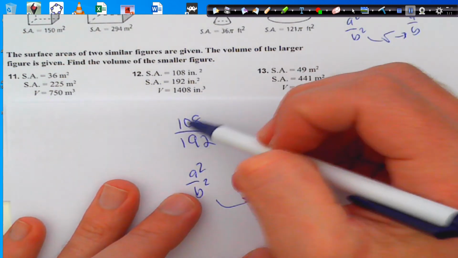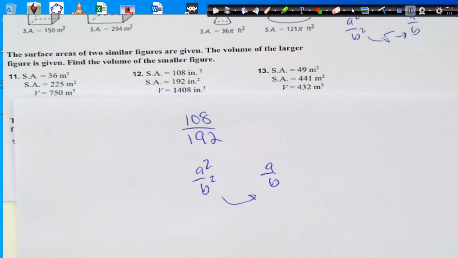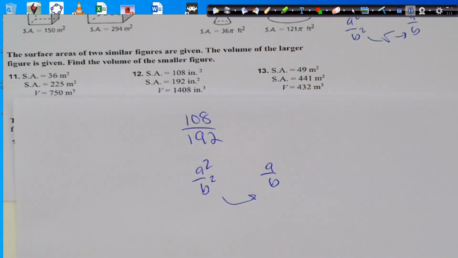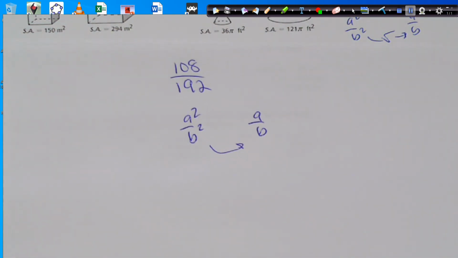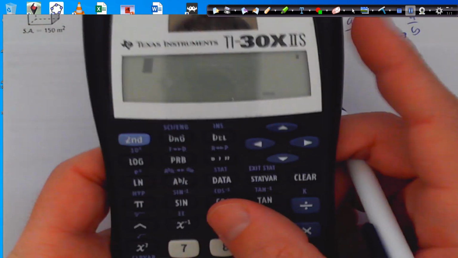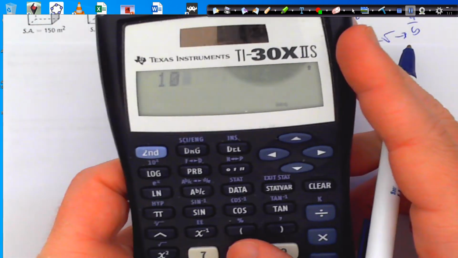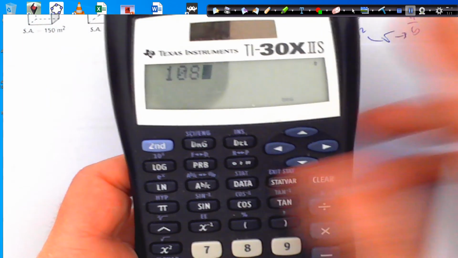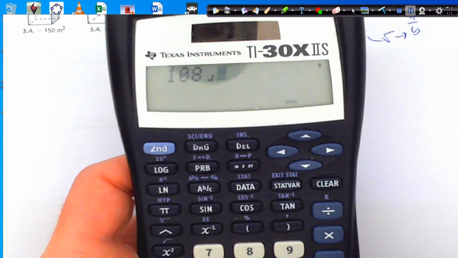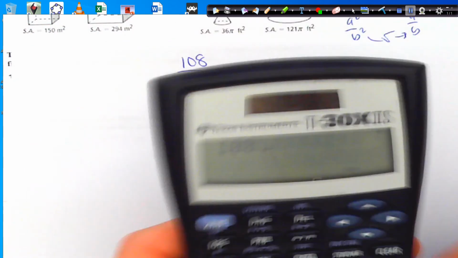Before we do anything, I automatically see that this is not able to be square rooted. 108 is not a perfect square, so I'm going to go ahead and assume we can simplify this. If you don't remember how to simplify in this calculator, the other calculator does it automatically. So you do 108, and you hit this button that says a b/c, and then we do 192.